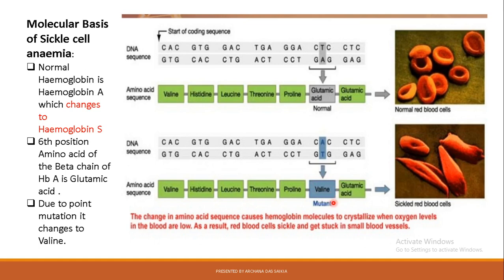As it got replaced with valine, the consequence is so drastic that in place of normal blood cells, you get sickle shaped red blood cells. Of course, this change in shape of RBC will be observed under oxygen deficient conditions.